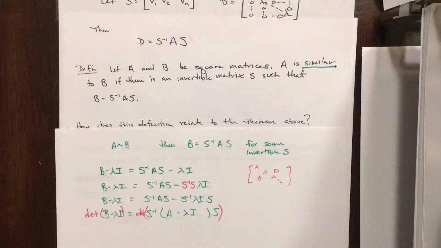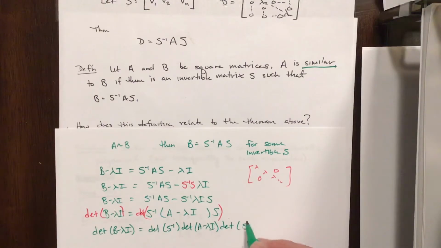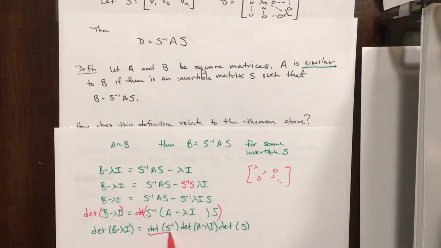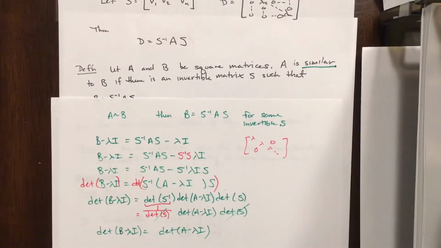So the determinant of B minus lambda I, in other words, the characteristic polynomial for B, is equal to the determinant of S inverse times the determinant of A minus lambda I times the determinant of S. Now, right here, the determinant of S inverse is 1 over the determinant of S. So the determinant of S cancels out with the determinant of S in the denominator, and you're left with the determinant of B minus lambda I equal to the determinant of A minus lambda I. In other words, the characteristic polynomial for B is the same as the characteristic polynomial for A. And there you go.